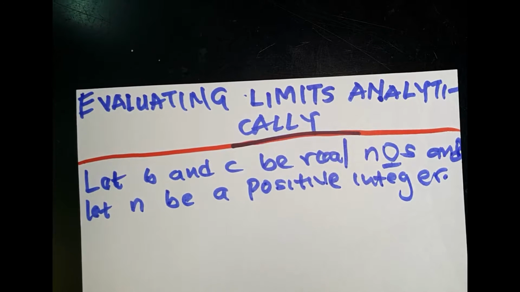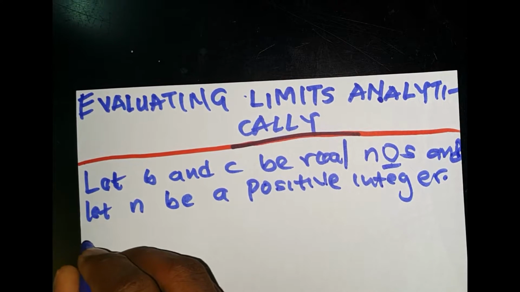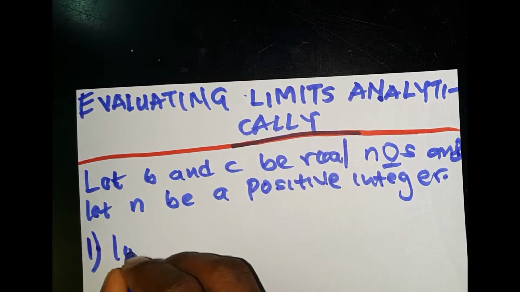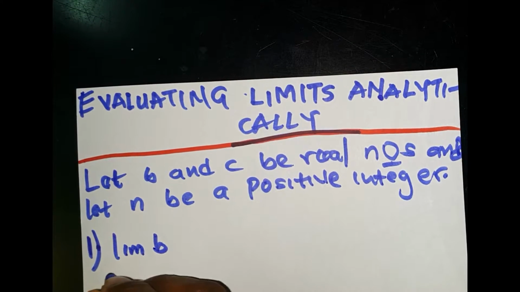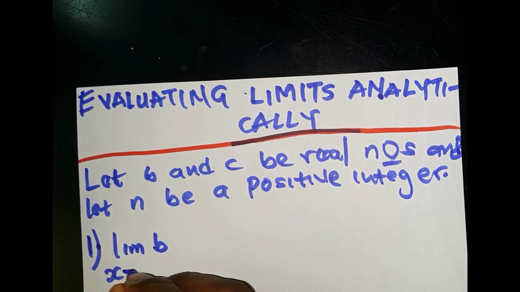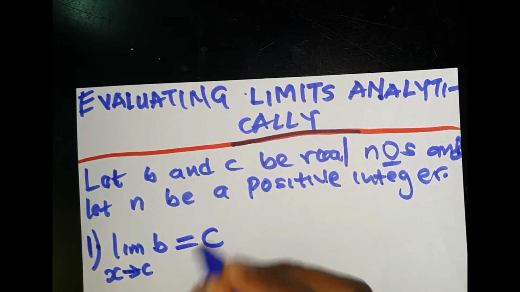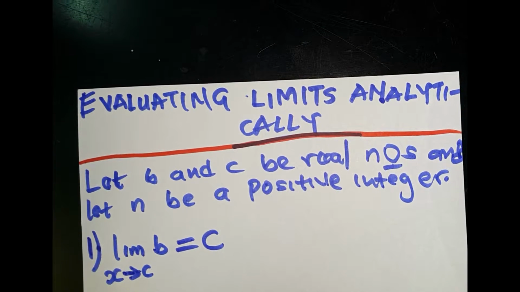The first one is, if we have the limit of b when x goes to c, the result will be b. Why are we getting b here?